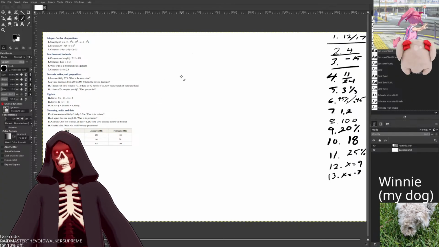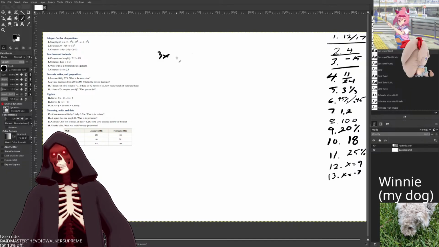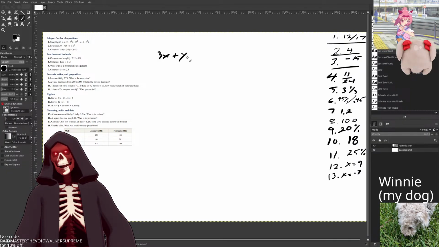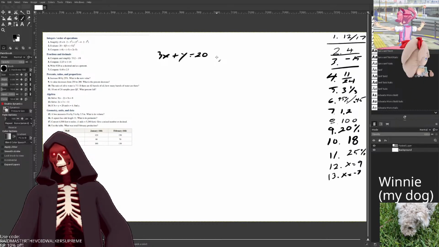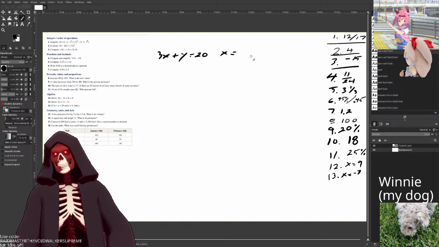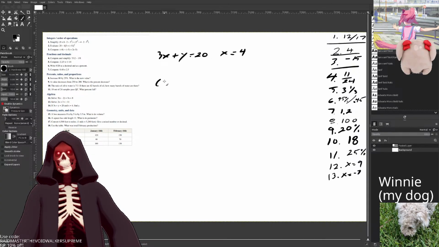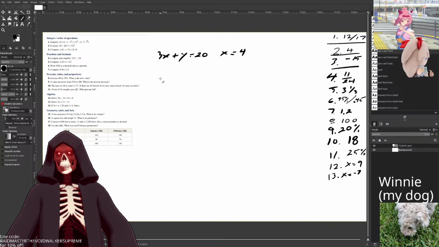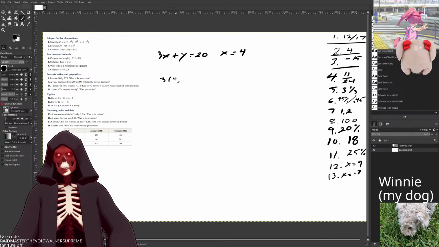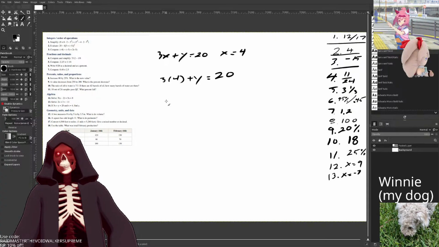Okay, number 14. If 3x plus y equals 20 and x is equal to 4, find y. Okay, so that's simple. So we got 3 times 4 plus y equals 20.